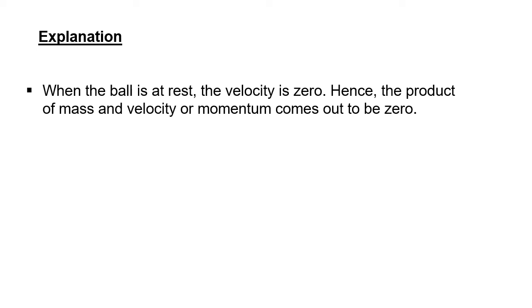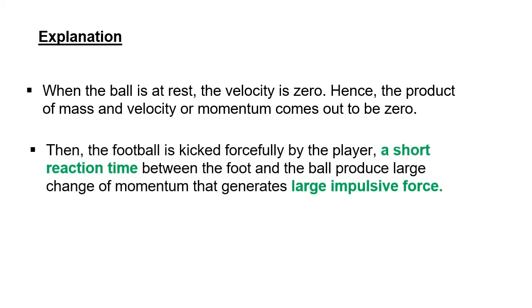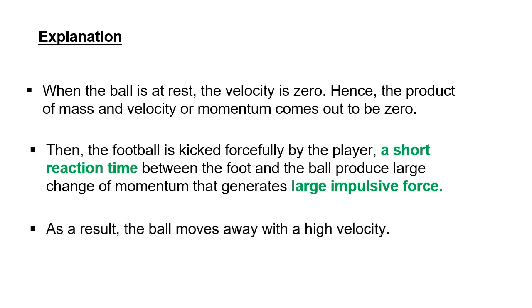Hence, the product of mass and velocity, or momentum, comes out to be zero. Then, the football is kicked forcefully by the player. A short reaction time between the foot and the ball produces a large change of momentum that generates a large impulsive force. As a result, the ball moves away with a high velocity.